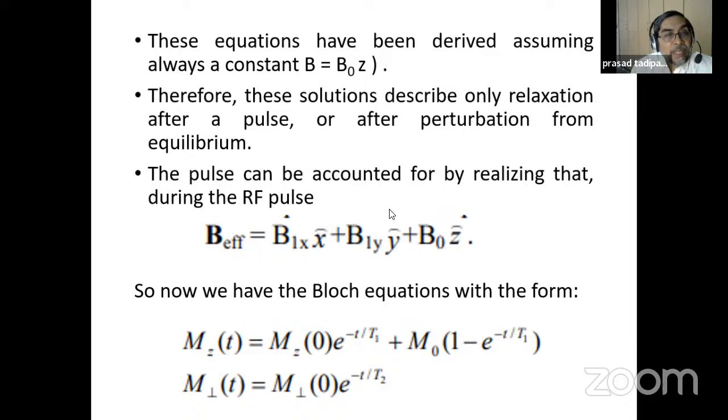This is accounted for during the RF frequency, where you have B1x, B1y and B0z. From this, you will get the Bloch equations in this form, Mz of t and M perpendicular, where M perpendicular decays as e to the power minus t by T2, and here it is T1.